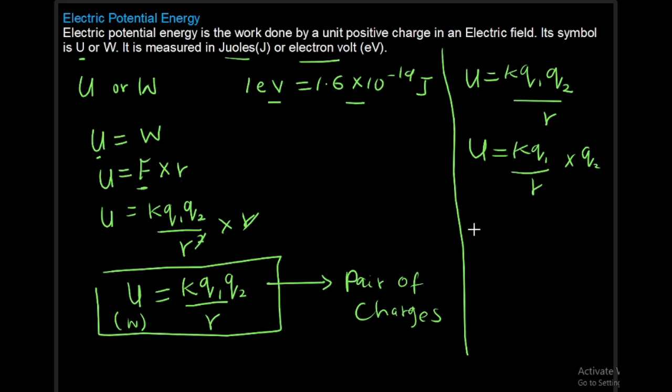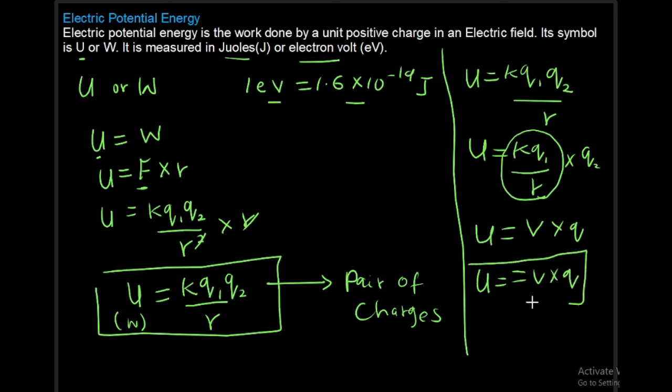So if we have a single charge, all you just need to understand is that the whole of this is electric potential. Electric potential is equal to KQ over R. That's the equation for electric potential. So rather than writing KQ over R, we can change it to V. V is the symbol for electric potential. So we're going to have V times Q. So for a single charge, electric potential energy is equal to V times Q.